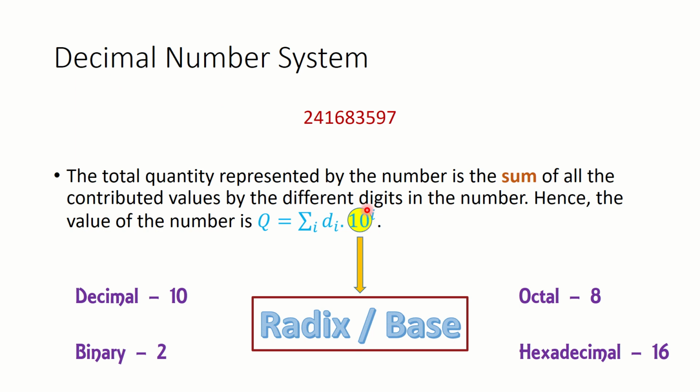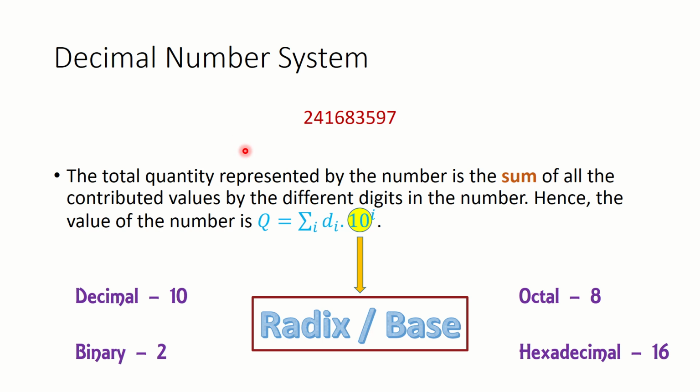and this specific thing is called a radix or the base of a number system. So, any modern number system is represented as an ordered set of symbols, where the symbols are placed at particular positions.